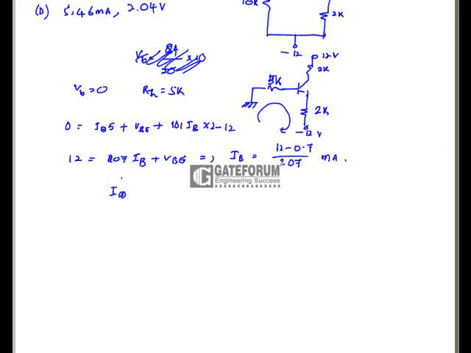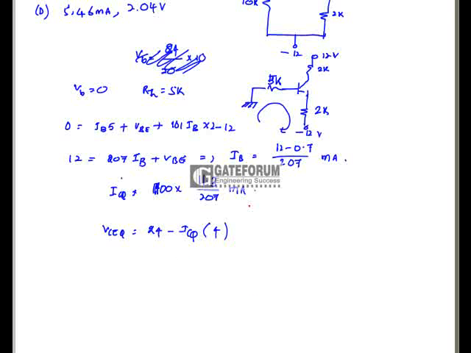So ICQ is nothing but beta times, that is 100 times 11.3 divided by 207 milliamps. So VCEQ is equals to 24 minus ICQ into 4.